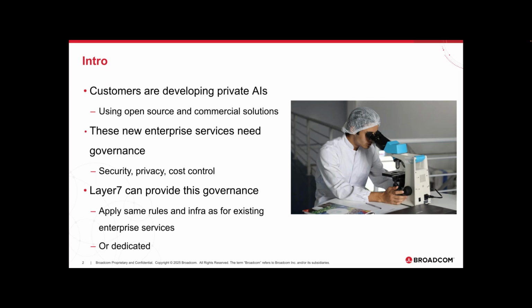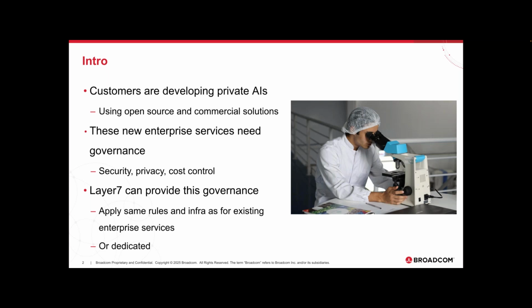But these are just new enterprise services, and for layer 7 users, you can provide this governance with layer 7, applying the same rules the existing infrastructure team is using for other enterprise services. We have customers where a team runs the layer 7 services, and a whole bunch of internal applications go through this, with some rules shared between the different applications.